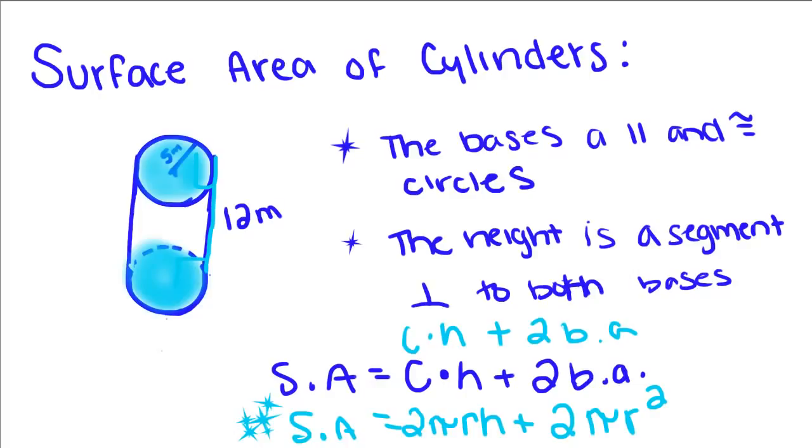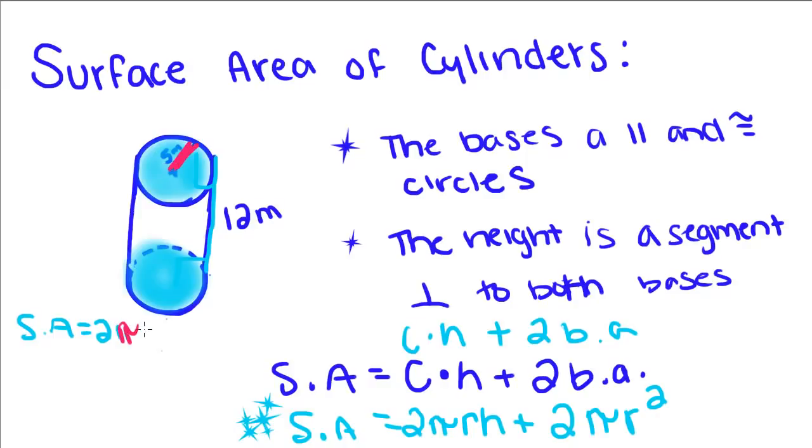So now we're going to find the surface area of this cylinder. So the surface area is equal to 2 pi r. Our radius for this is 5 right here.